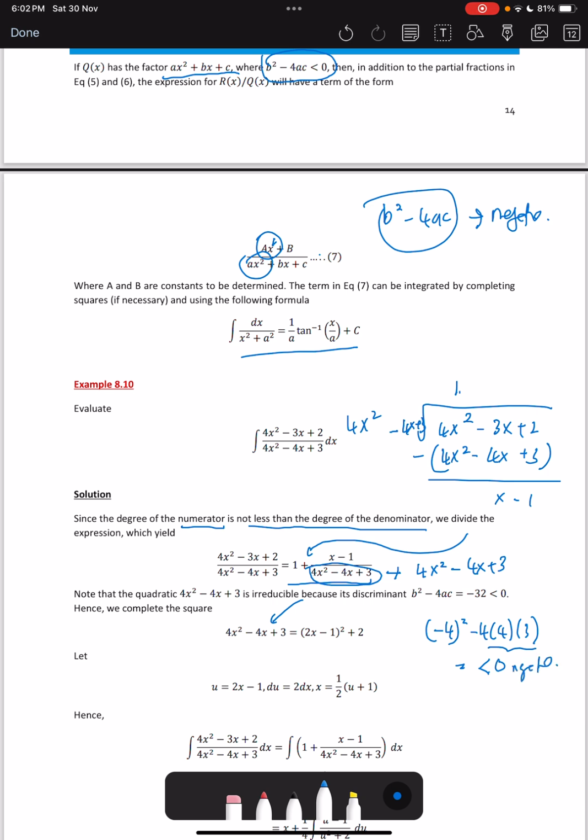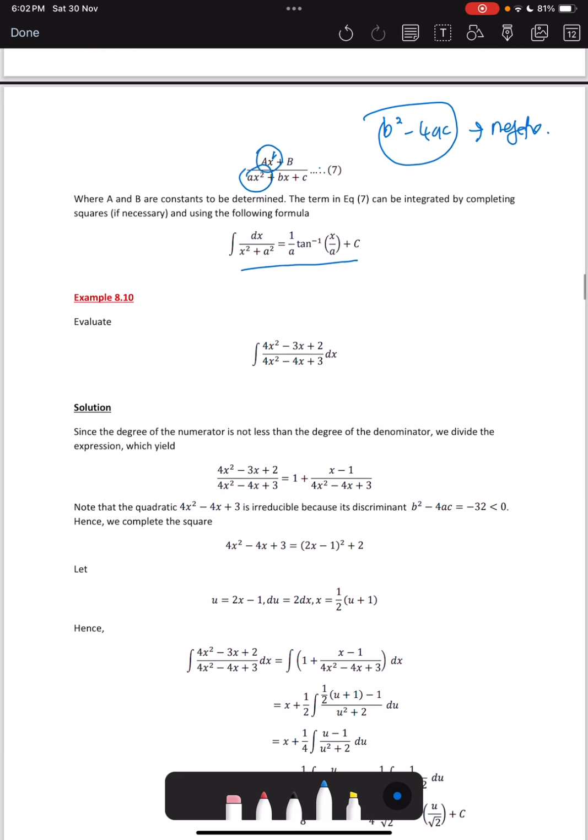Due to that, you can complete the square like this, where you factorize it in this term. For this one you will get 4x squared minus 4x plus 1, and then you add another 2 here, so that it becomes like this.